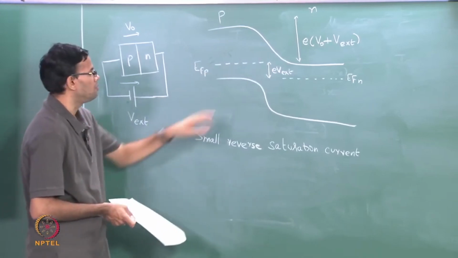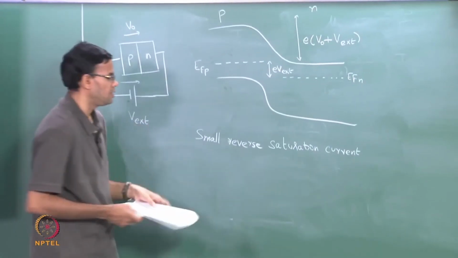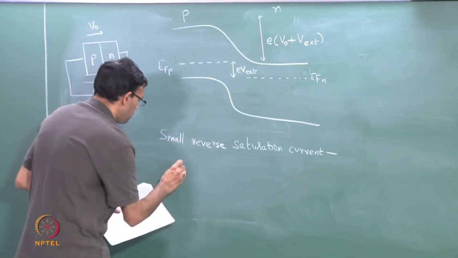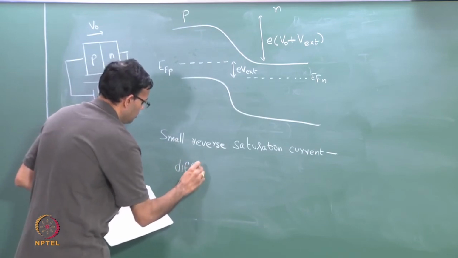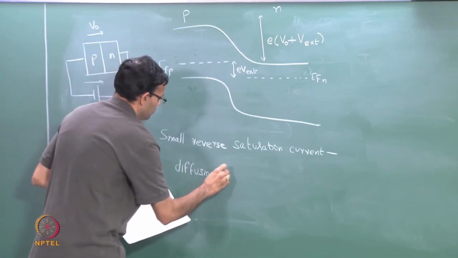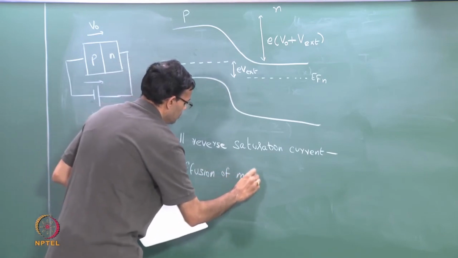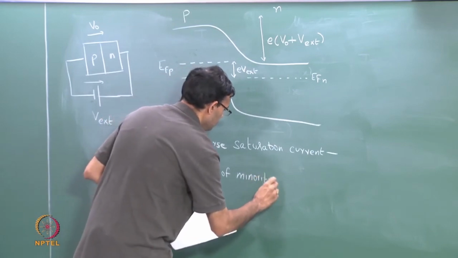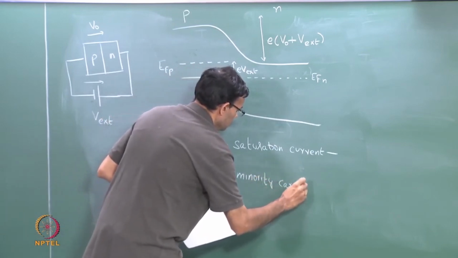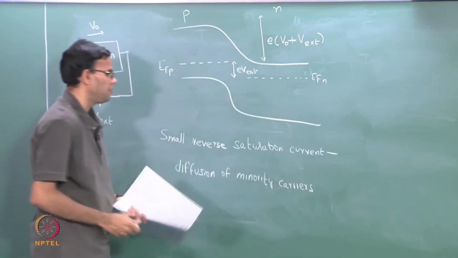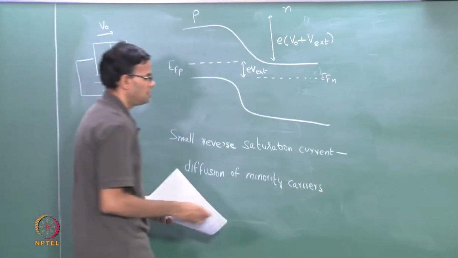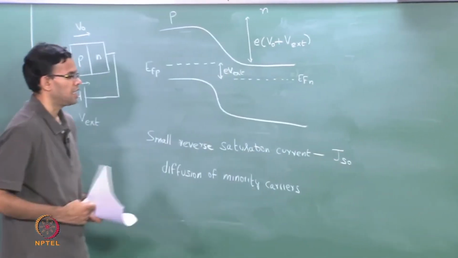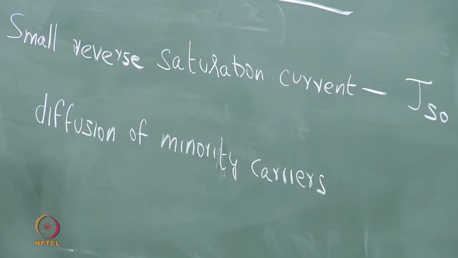Similarly, electrons on the P side will diffuse onto the N side. So there is a small current that is due to the diffusion of minority carriers. And the value of the reverse saturation current is nothing but the Js naught. This is the reverse saturation current that we just derived.